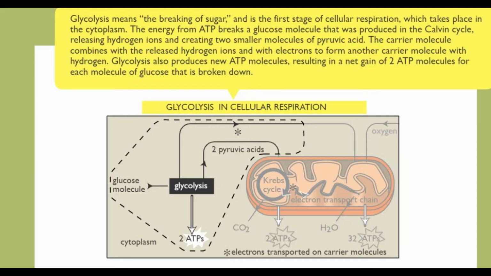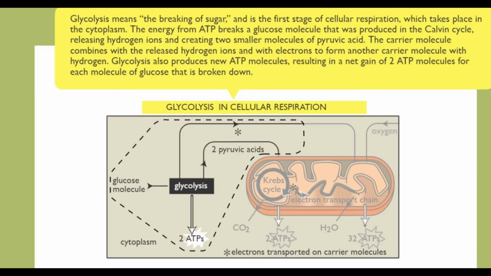The carrier molecules combine with the released hydrogen ions and with the electrons to form another carrier molecule with hydrogen. Glycolysis also produces new ATP molecules, resulting in a net gain of 2 ATP molecules for each molecule of glucose that is broken down.